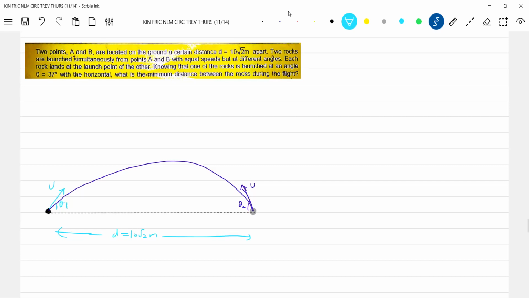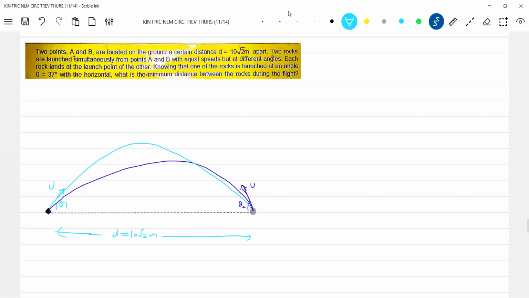It may not be exact, I think all of you will agree. What is the minimum separation between them? Since the angles are different, they must have different maximum heights. Is it possible, first of all? Yes, sir, it can be possible.